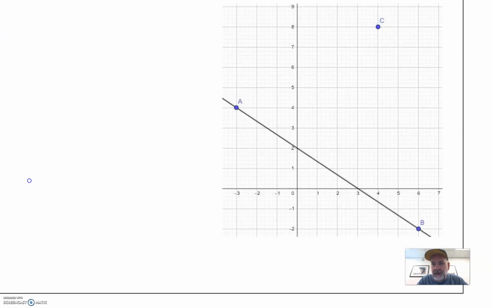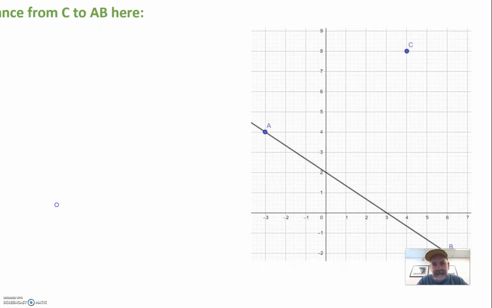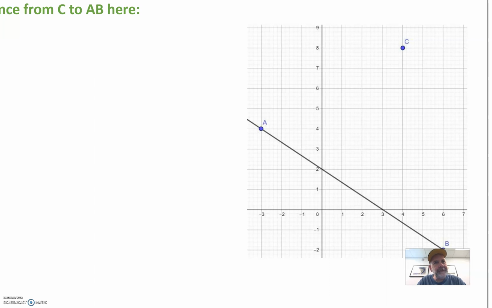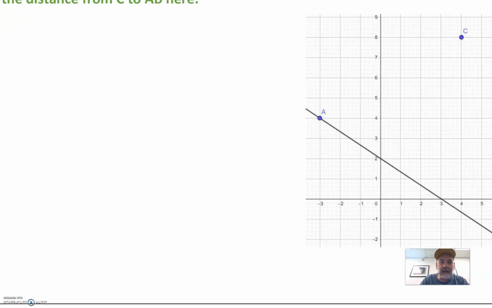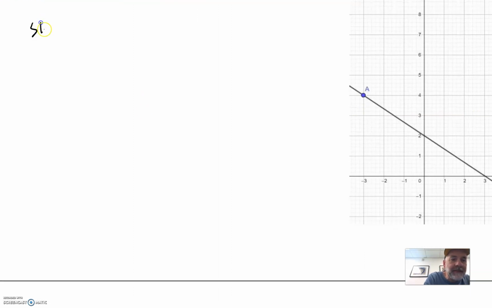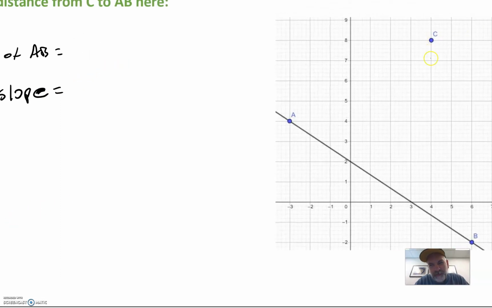I want you to find the distance from point C to line AB. And the way you're going to do that is by figuring out what the slope of AB is, and then figuring out what the perpendicular slope is, so you know what slope to make.